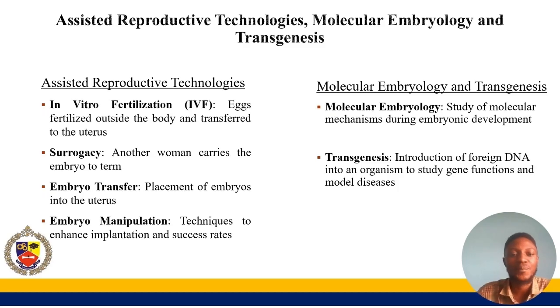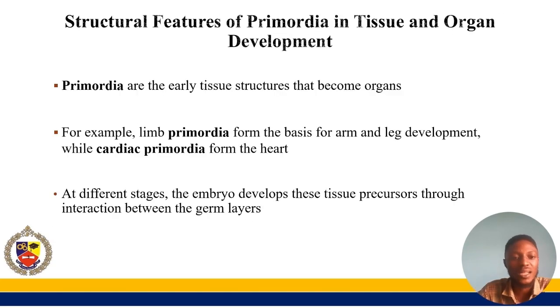So let's look at the assisted reproductive technologies, the molecular embryology, and the structural features of primordia in tissue and organ development. Primordia are just the early tissue structures that become what we call the organs. For example, we have the limb primordia, which form the basis of arm and leg development.